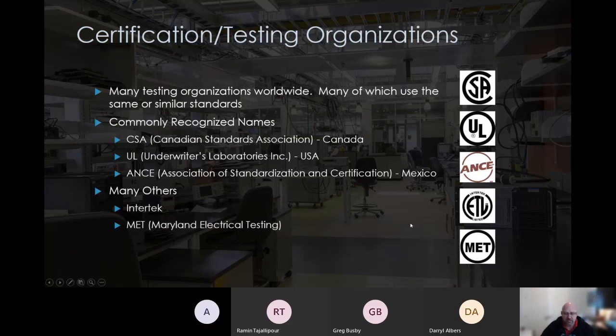Another one you'll see, especially on our equipment, is Intertek. We've used them quite a bit, and they were also a standards development organization, so we do use their laboratories sometimes to test. And then there's MET, Maryland Electrical Testing. A lot of these are interchangeable. It's really about what the standards are behind them.